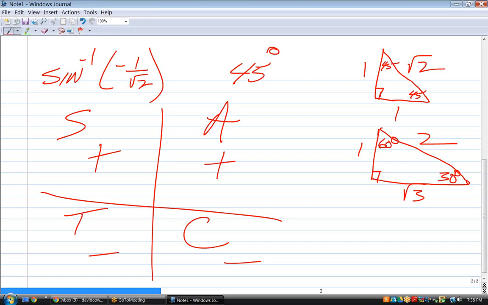Fourth quadrant? Yes, always first or fourth for sine and tangent. If you're talking cosine, it's always first or second. In other words, if we want the principal value, we're going to give the fourth quadrant value. What angle is that? What's the fourth quadrant angle that's the equivalent of 45 degrees?